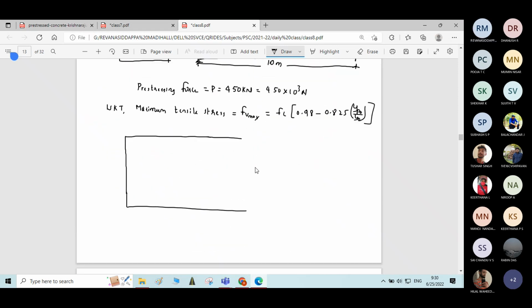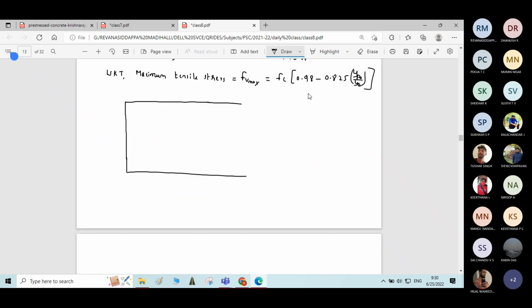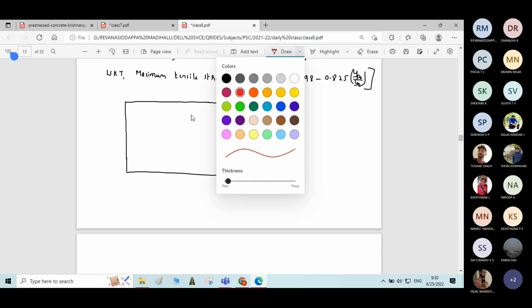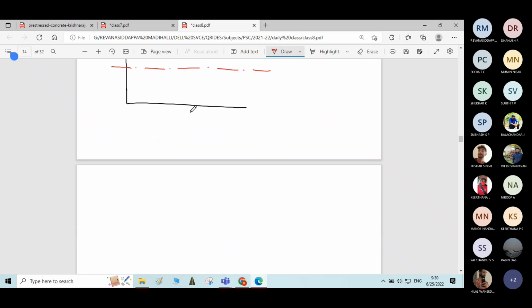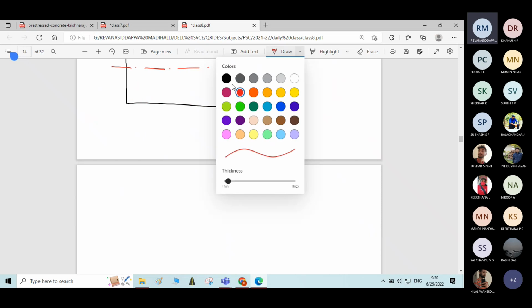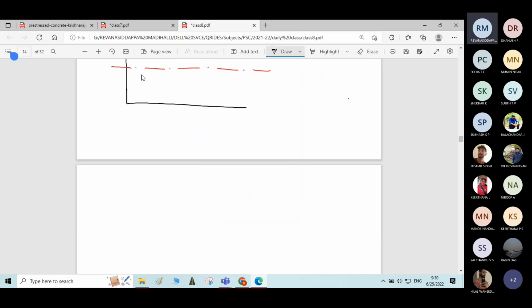There are two plates. This is the central axis. One cable is at 100 mm, so this is cable 1, at a distance of 100 mm from the soffit of the beam.